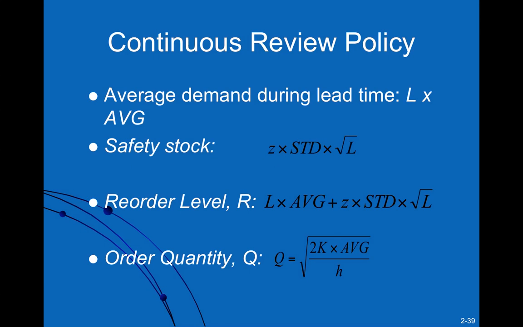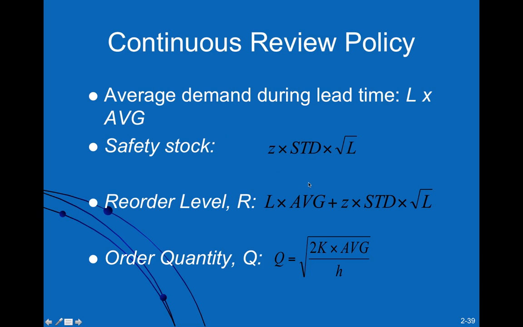Here are the calculations for that. The safety stock is the Z value, which is associated with our service level, multiplied by the standard deviation of the demand during the lead time, times the square root of the lead time.